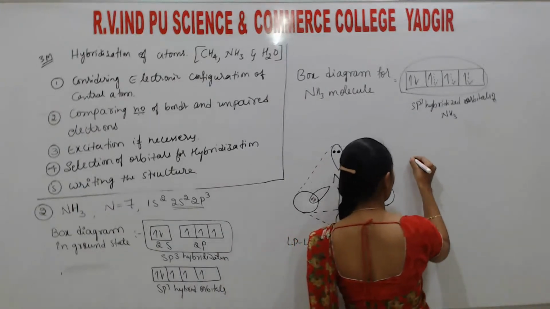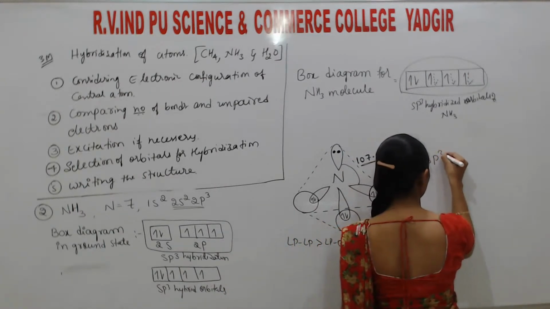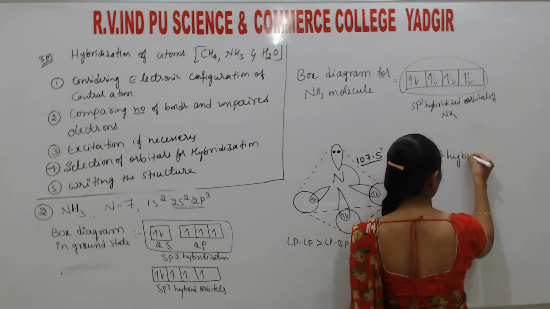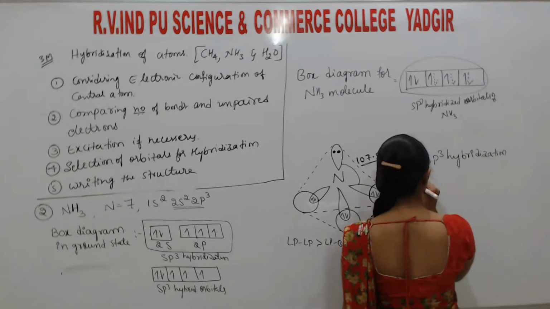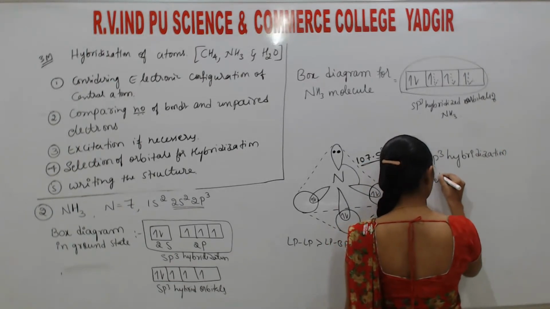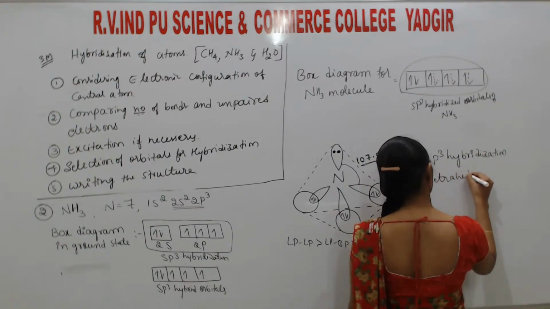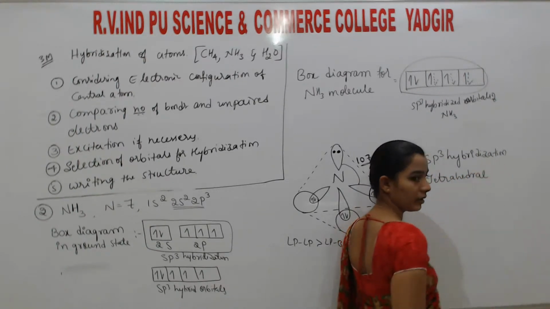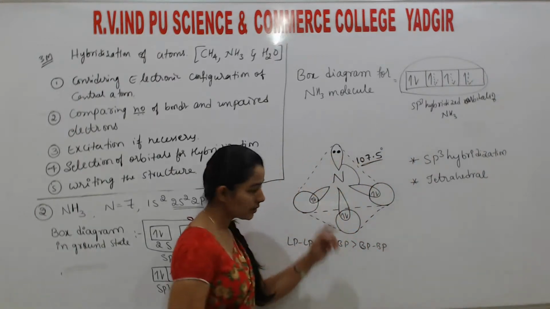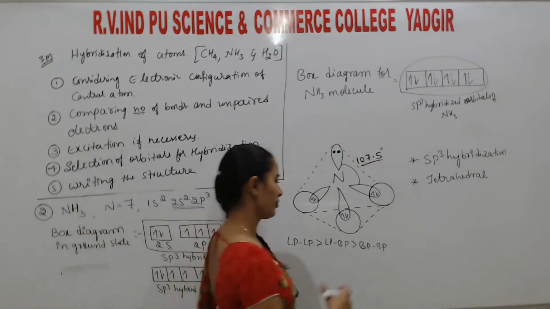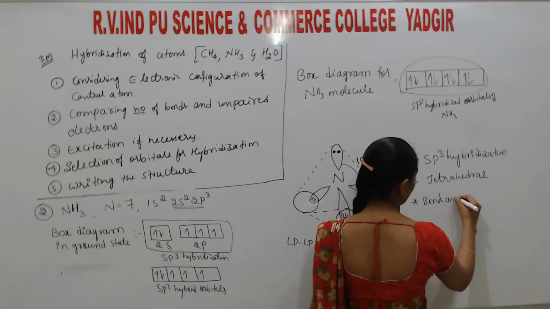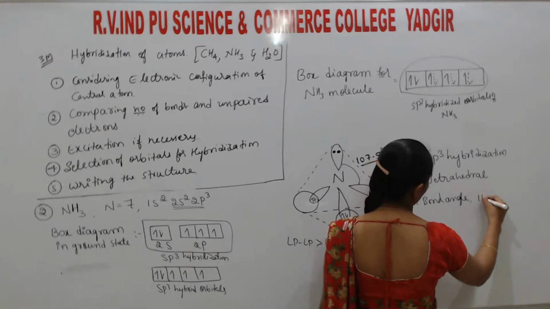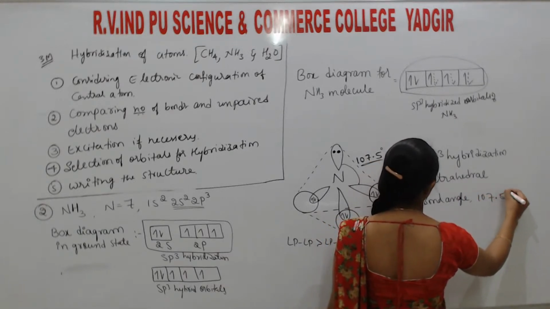Now write the points here. The hybridization is sp3 hybridization. Second one, the structure is tetrahedral. You may write distorted tetrahedral because standard tetrahedral is 109.5 degree. Of course, you can write tetrahedral, and the bond angle is 107.5 degree.